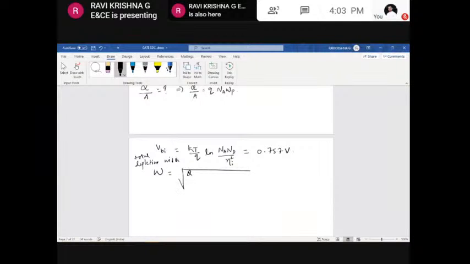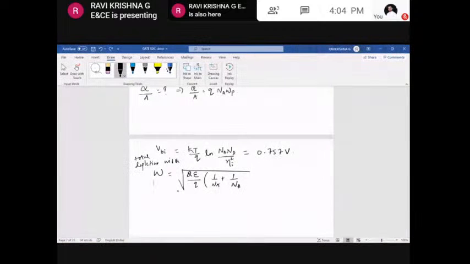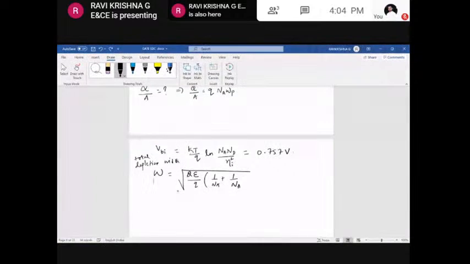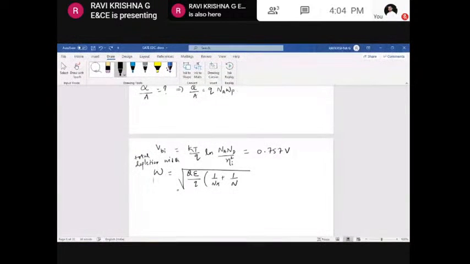You need to remember W = square root of 2 epsilon divided by Q, into 1 by Na plus 1 by Nd, that is 1 over the acceptor atom concentration plus 1 over the donor concentration, into VBI, that is the built-in potential.